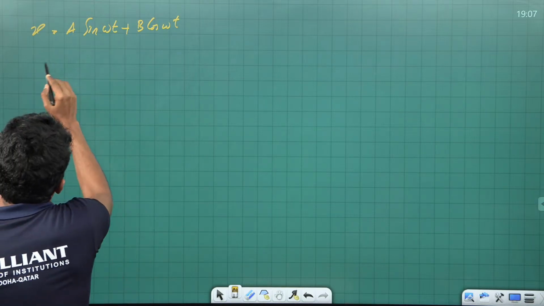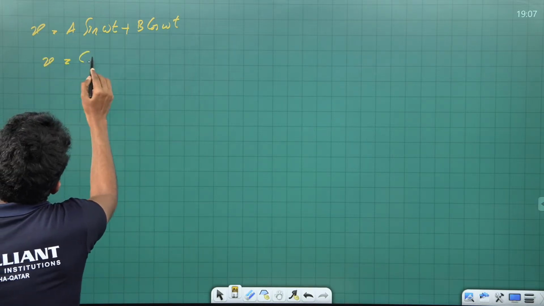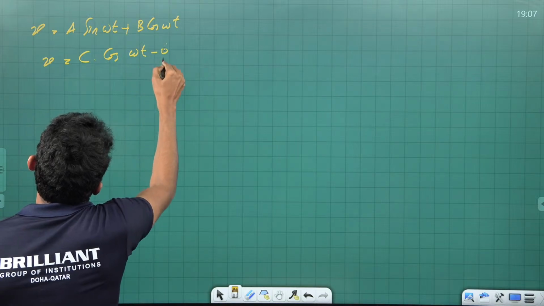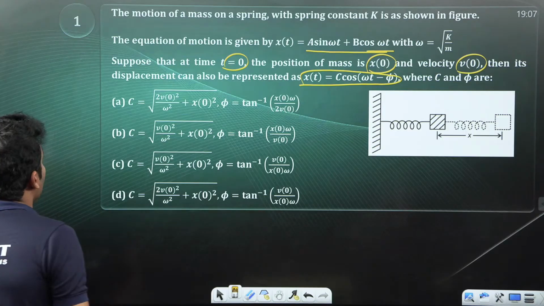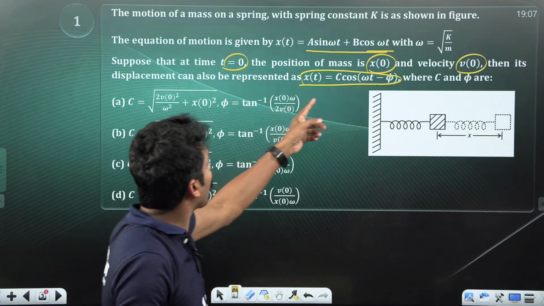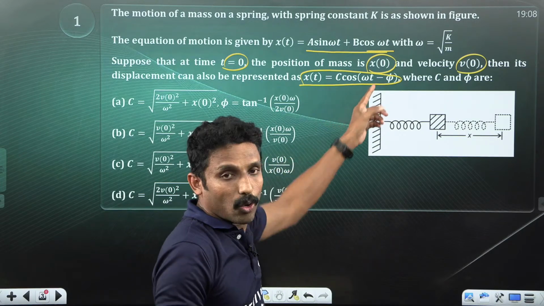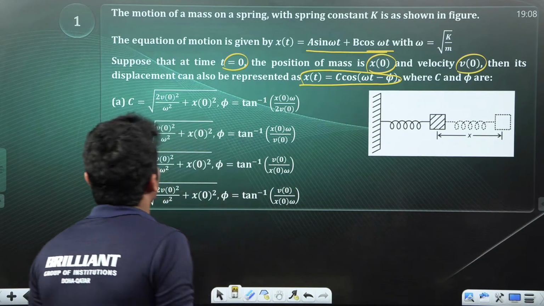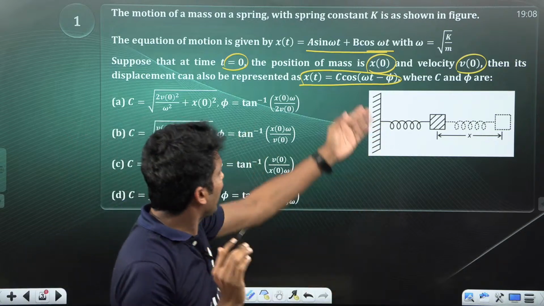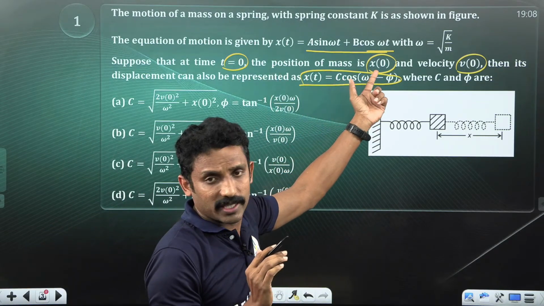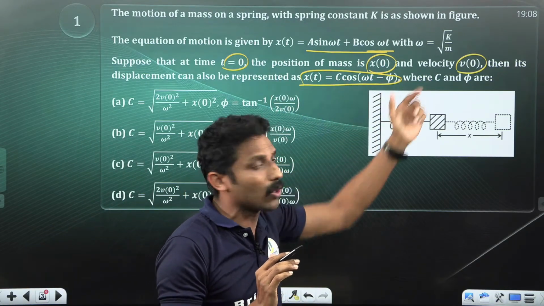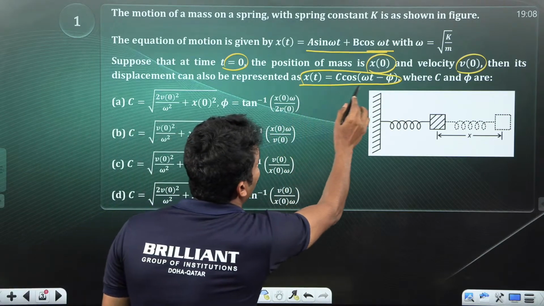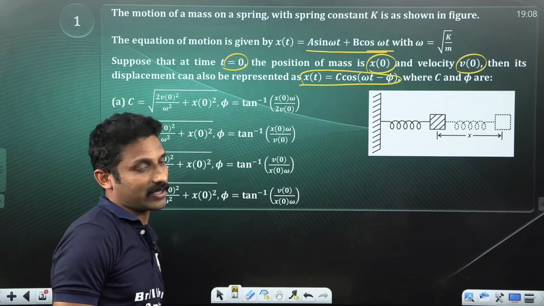It is also given that x = c cos(ωt − φ). Two values are given: at time t = 0, the position is x(0) and the velocity is v(0). Then the values of c and φ are asked.